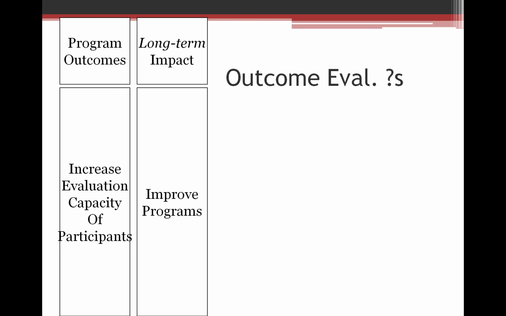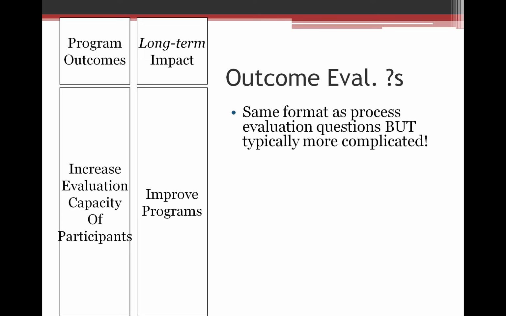So then if we look at the outcomes for the outcome evaluation, this increase of capacity and improve programs, how would we create those objectives and questions off of this? I would use the same format as I just did with the process evaluation stuff, but this is going to be a lot more complicated because what does it mean to increase capacity?